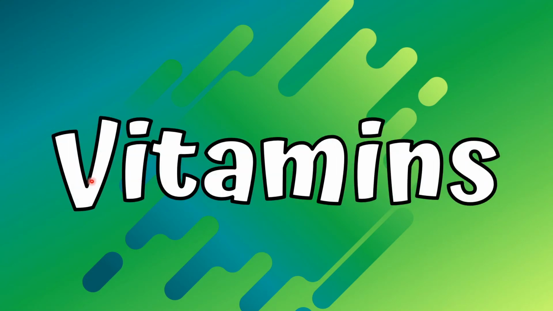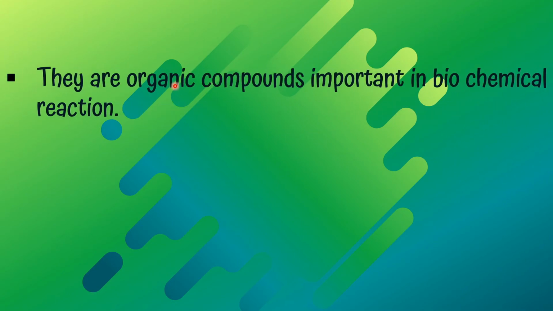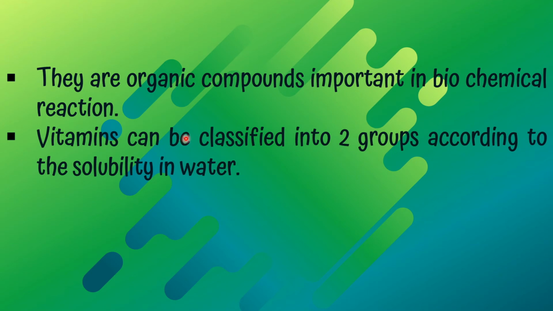Okay, let's talk about our final organic compound, vitamins. They are organic compounds important in biochemical reactions. Vitamins can be classified into two groups according to solubility in water, as water soluble and water insoluble.